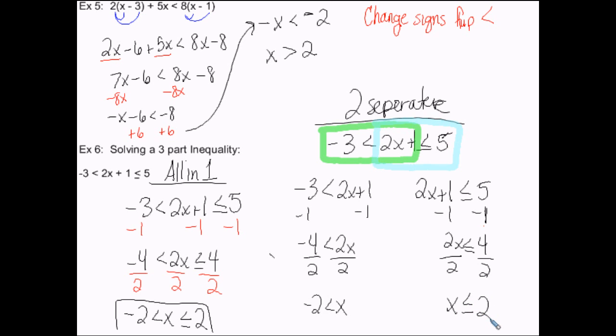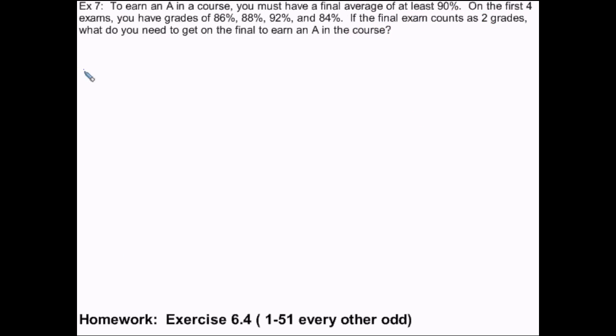We end up with the same answer. It's just separate. And that's okay. You just have 2 answers over here. So it's a matter of preference, as far as I'm concerned, which way you go. You can do it all in one, or you can split it into 2 problems and solve it that way.